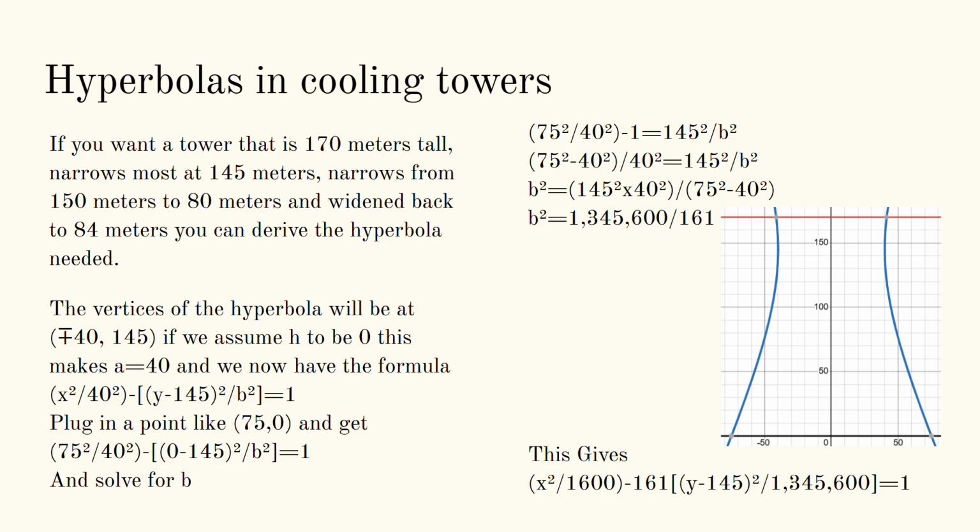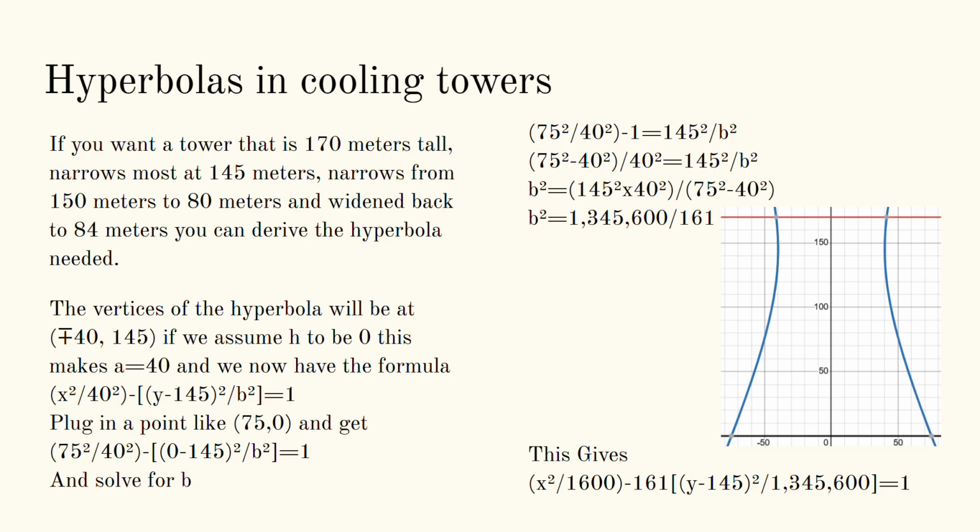So we can have our new equation of 75 squared minus 40 squared all divided by 40 squared equal to 145 squared divided by b squared. Now we multiply both sides by b squared and divide both sides by our left term, which is a mouthful, to get b squared equals 145 squared times 40 squared divided by 75 squared minus 40 squared.